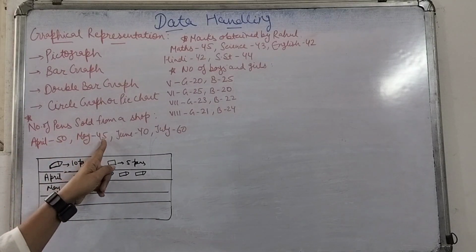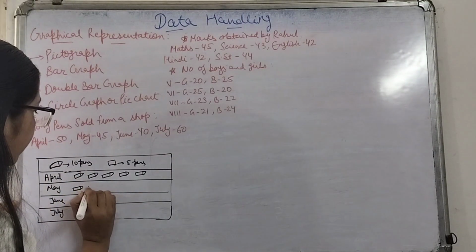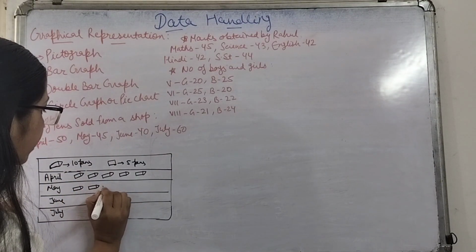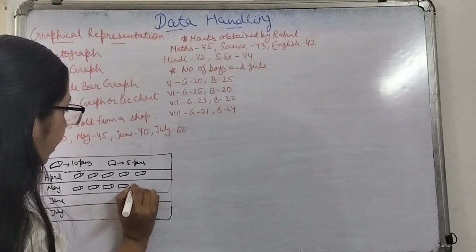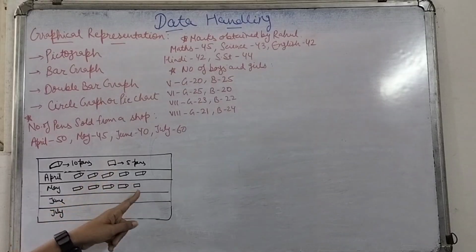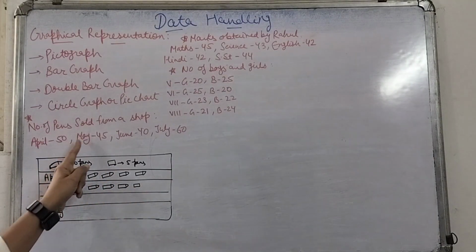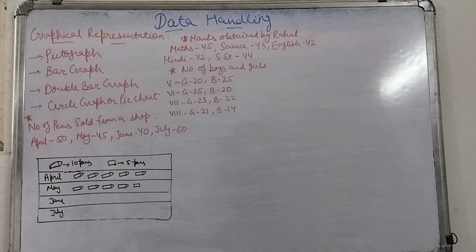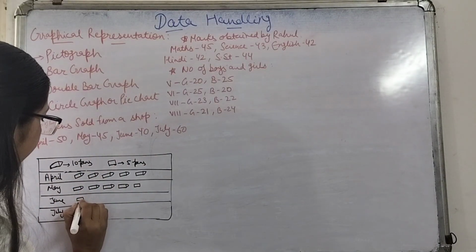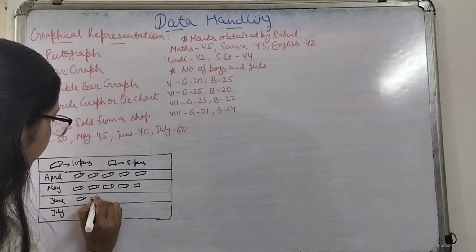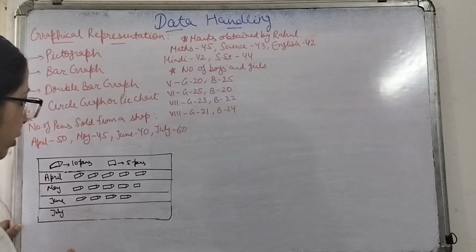Now in the month of May, 45 pens were sold. So 10, 20, 30, 40, and for 45 we make half of it. This shows that in May, 45 pens were sold. In the month of June, 40 pens were sold, so we make it like this: 10, 20, 30, and 40.